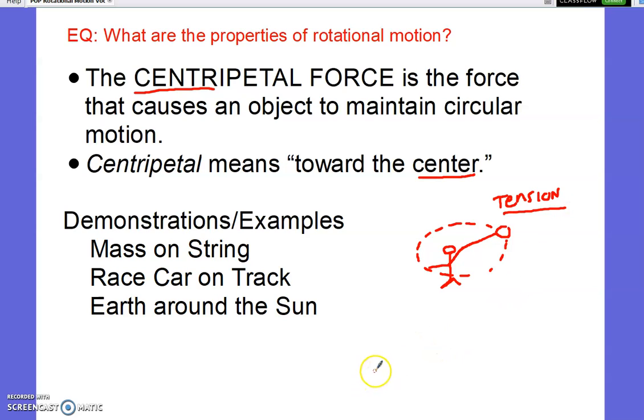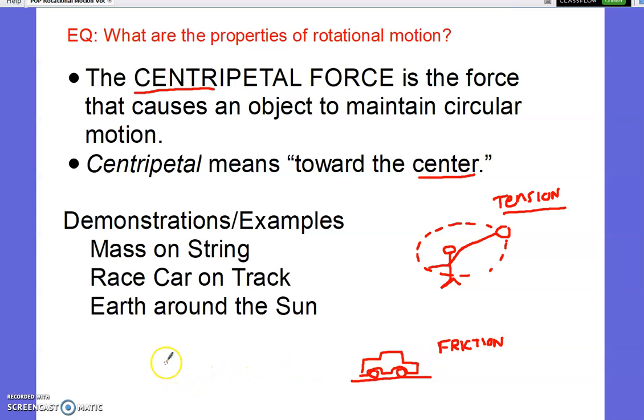For a race car going around a track, what's preventing it from sliding, what keeps it in that circular motion, is friction. So in that situation, the friction is the centripetal force. They are one and the same. Playing the part of the centripetal force is the friction.